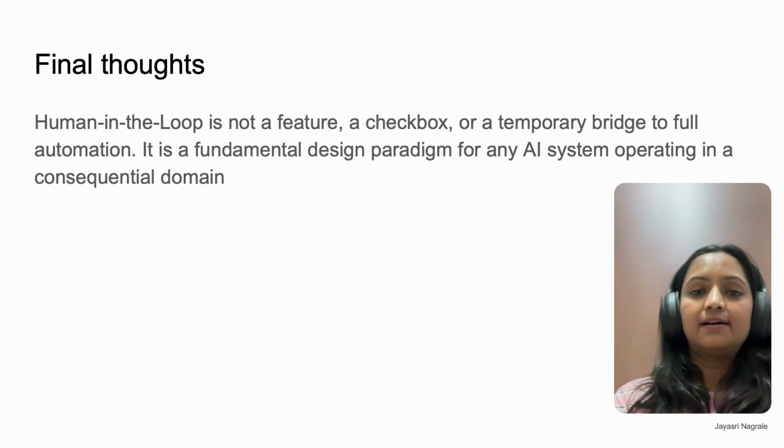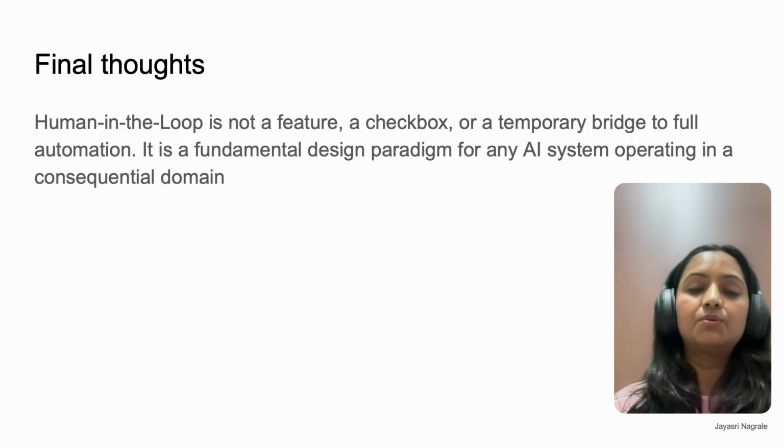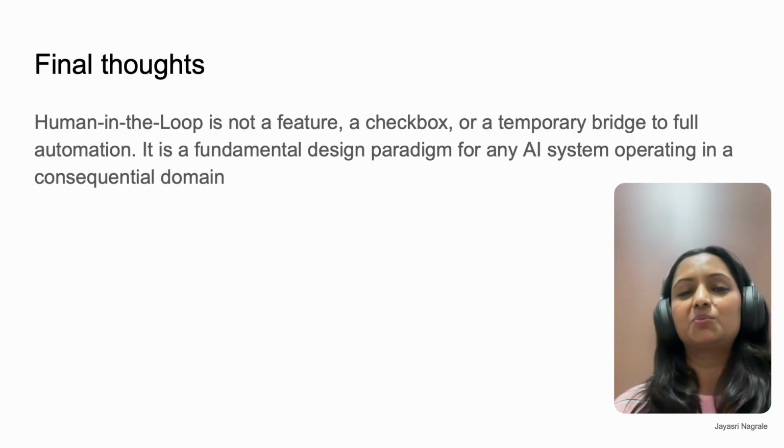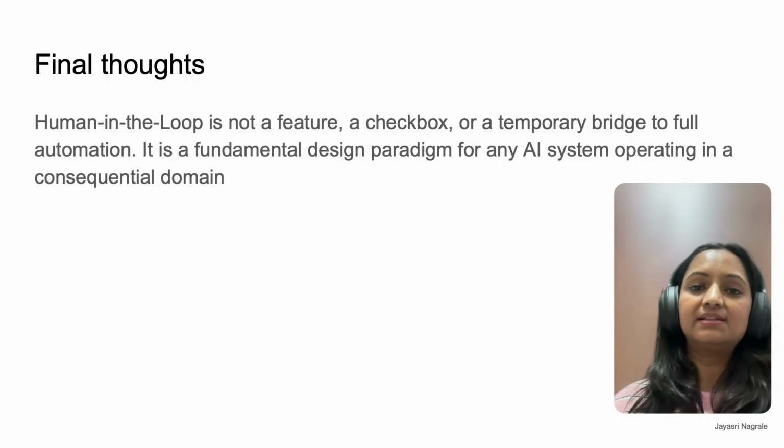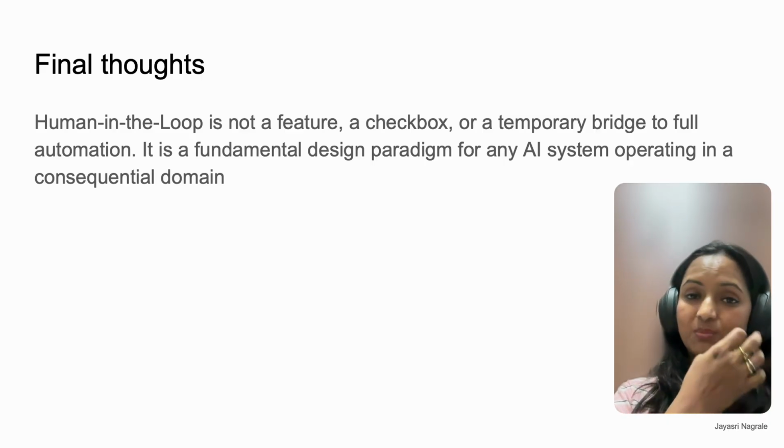So, final thoughts. Firstly, thanks for sticking around, and I hope this has been helpful. The whole goal of this tutorial was to leave you with the concept that human in the loop is not a feature, not a checkbox, and not a temporary bridge until full automation takes place. It's a fundamental design paradigm for any AI system operating in a consequential domain.